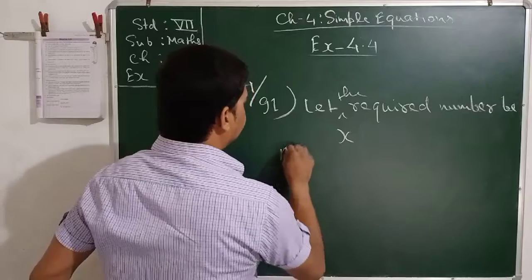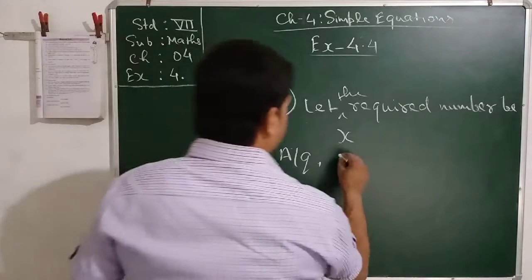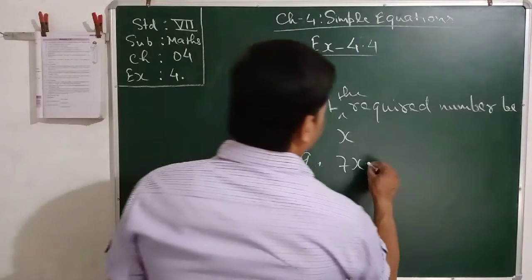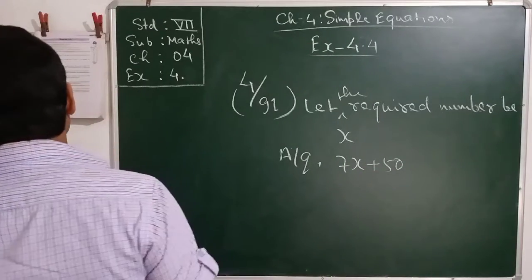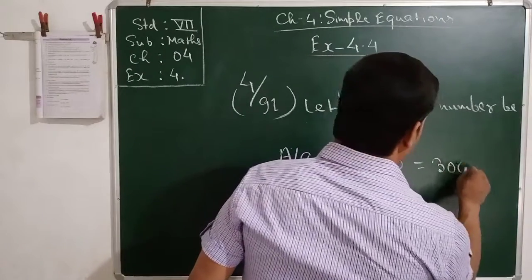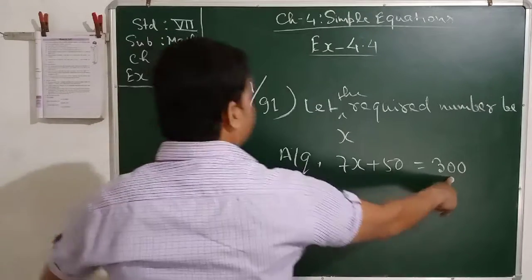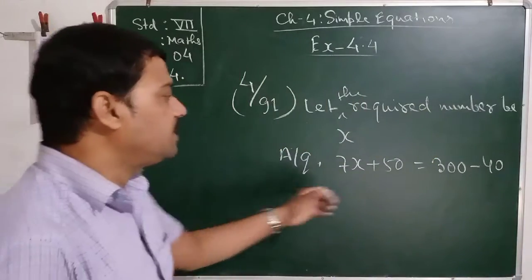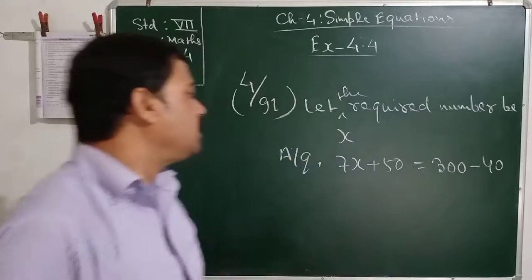According to the question, it is given take me 7 times over, means 7x, and add 50, plus 50. To reach a triple century, it has still not reached triple century. To reach triple century you still need 40. That means if you add 40 to that number, then it will be 300. So that number is 40 less than 300.